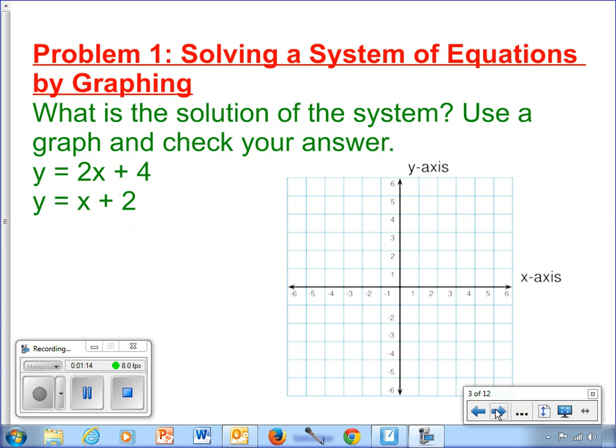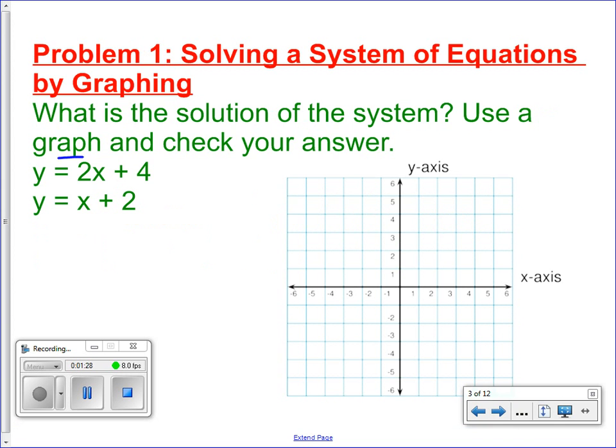Okay, problem 1. Solving a system of equations by graphing. What is the solution of the system? Use a graph and check your answer. All right, I'm going to begin with the first equation, and I'm going to do it in blue.